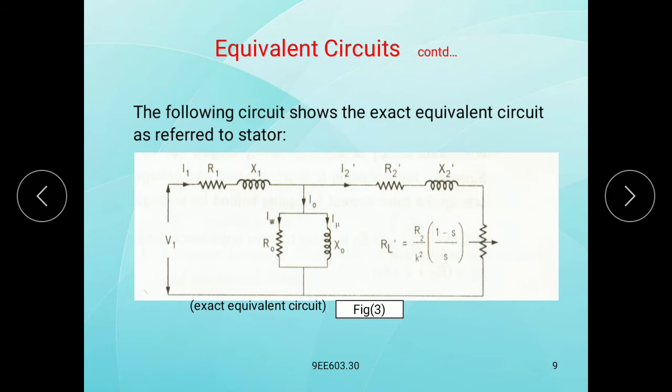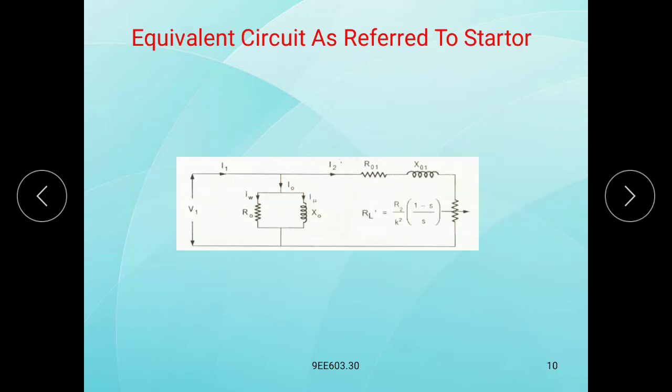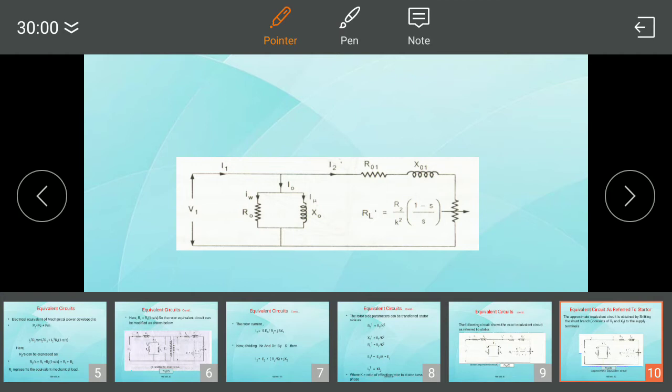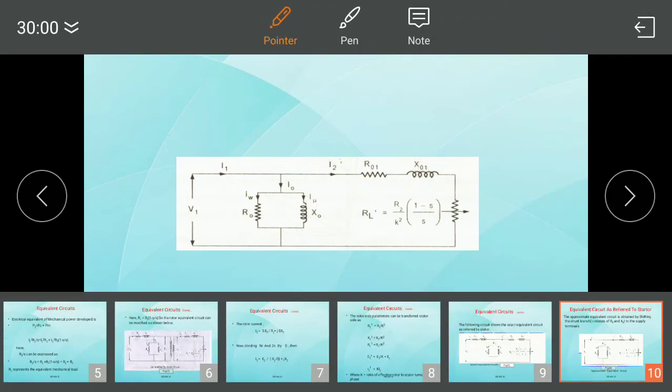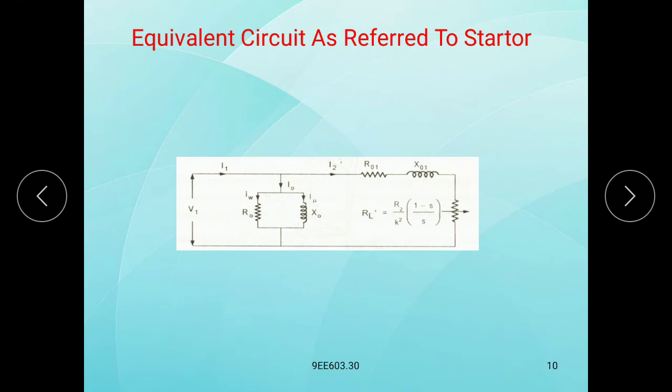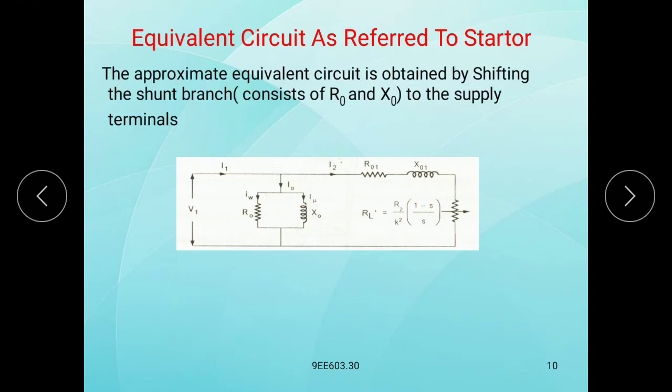So R1 + R2 dash is nothing but R01, and X1 + X2 dash is X01. So this is V1, I1, R0, X0, I mu, IW, I2 dash, R0, X0 and RL dash. This is an equivalent circuit.